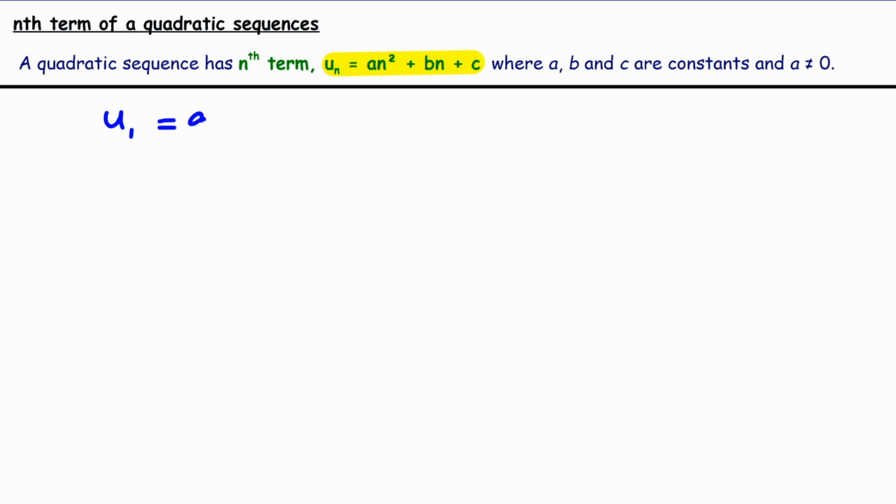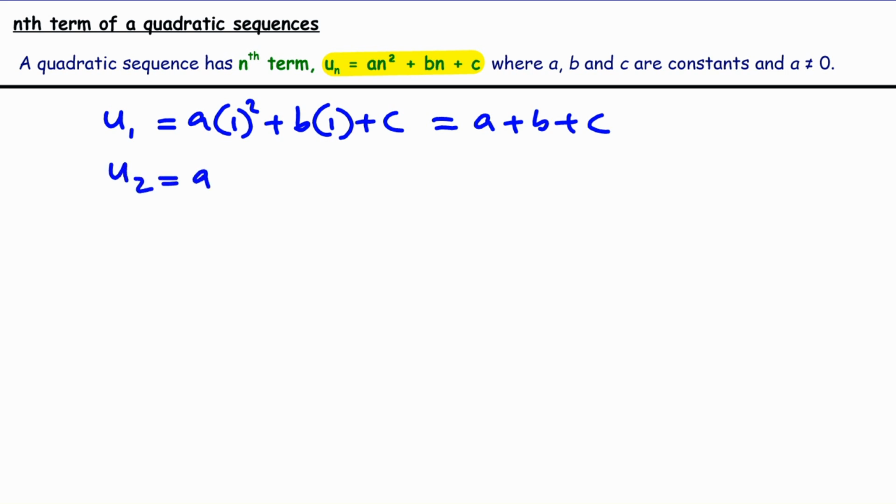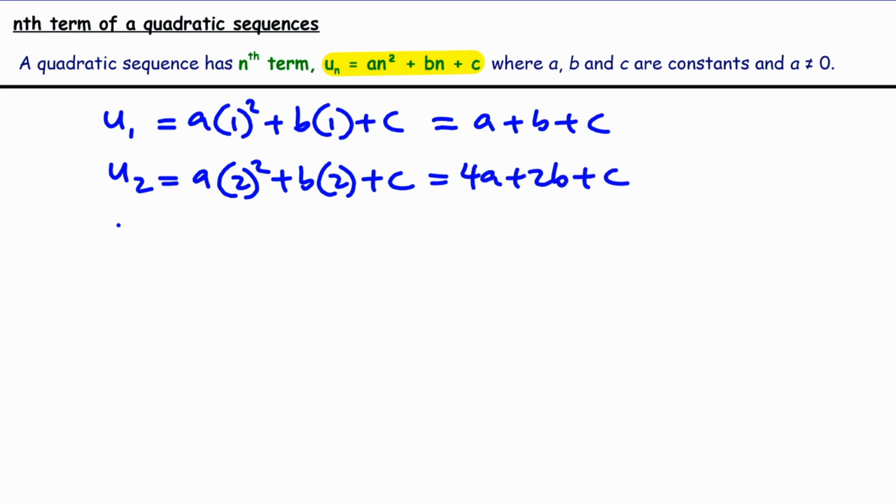So that will be A into 1 squared plus B multiplied by 1 plus C, which gives A plus B plus C. The second term will be A into 2 squared plus B multiplied by 2 plus C, which will be 4A plus 2B plus C.